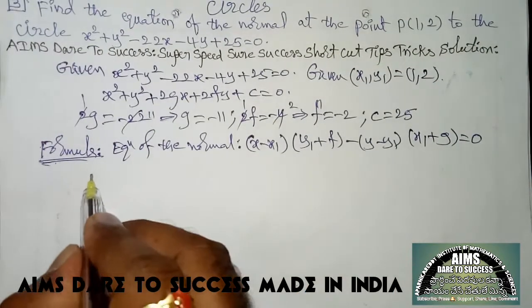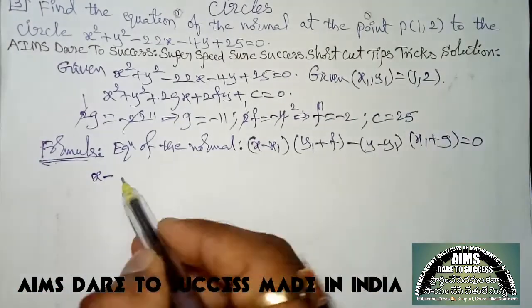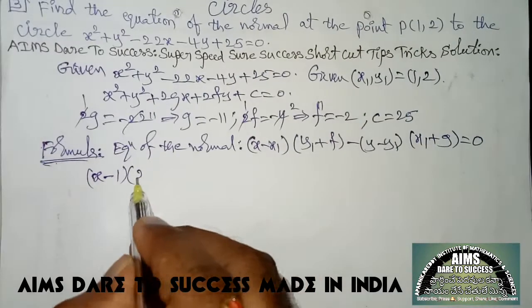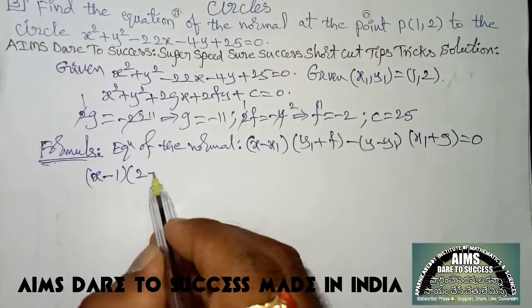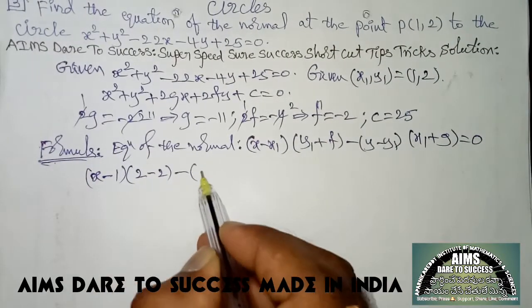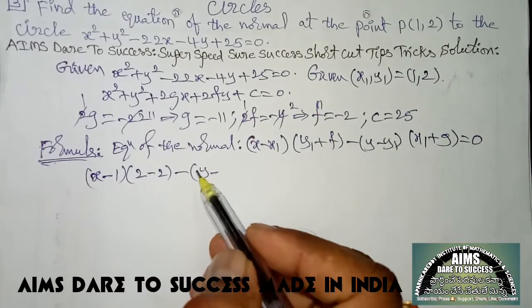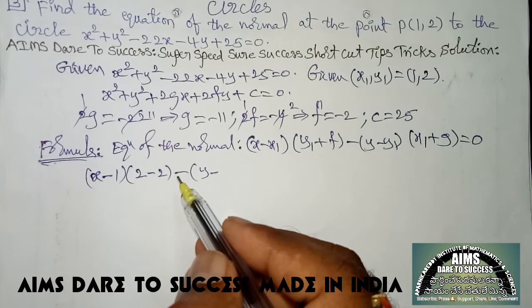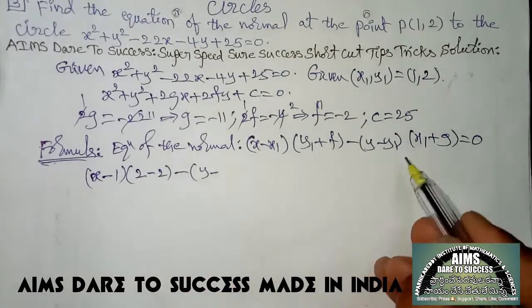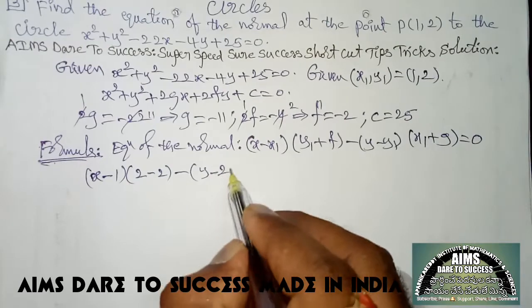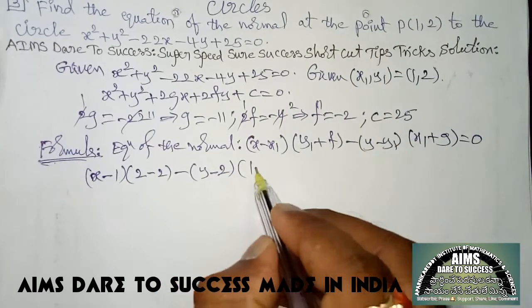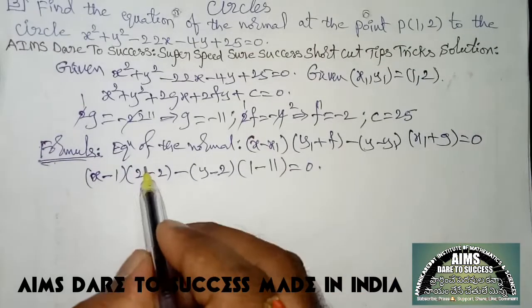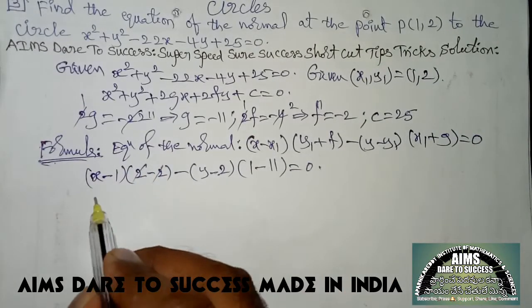Now substitute: (x − 1)(2 + (−2)) − (y − 2)(1 + (−11)) = 0. Plus 2 minus 2 cancelled, 0.